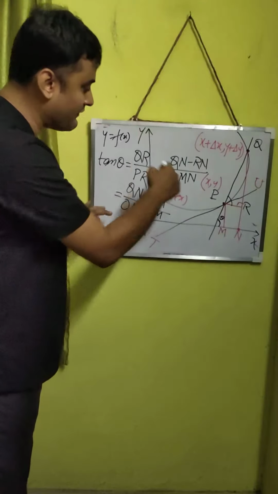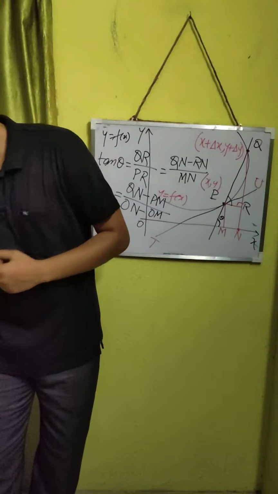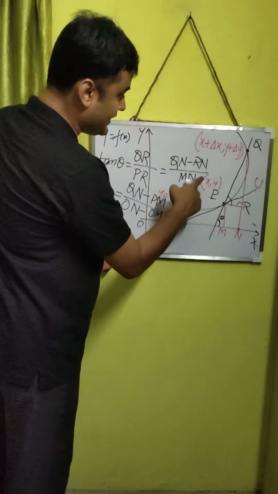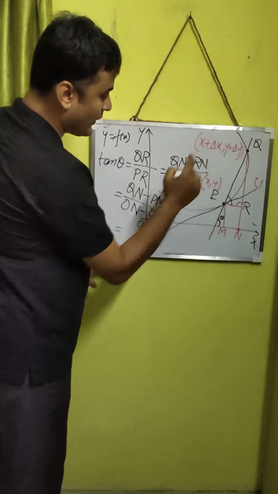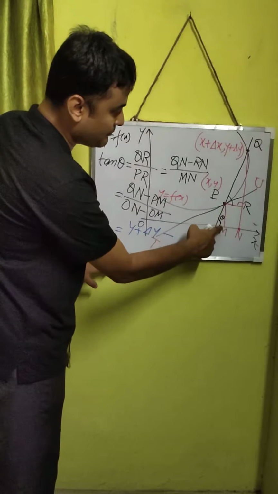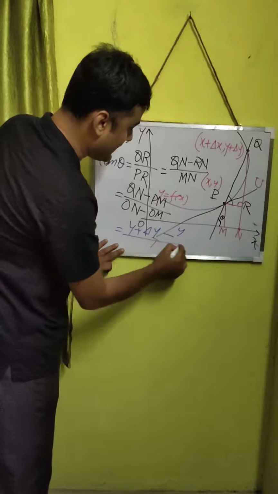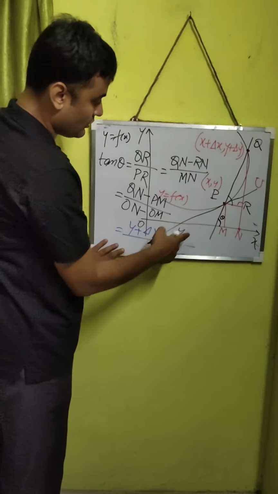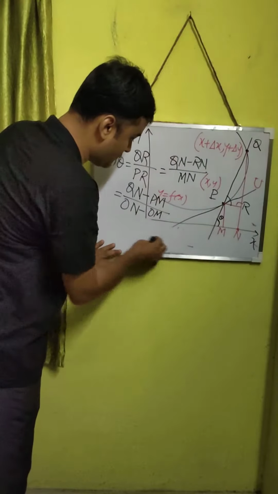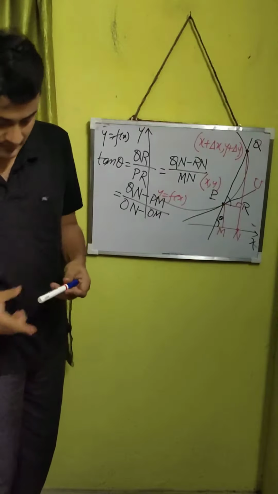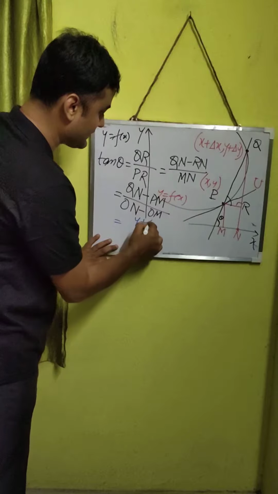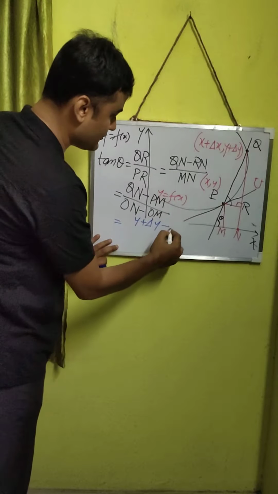Now you all know the values of these things. QN is y plus delta y, and PM is y.